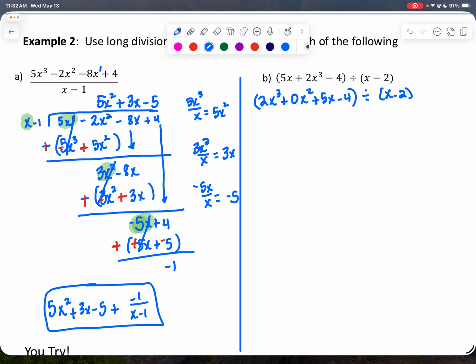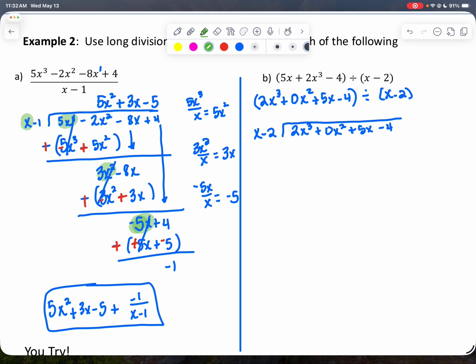So if your polynomial is not in standard form, you need to rewrite it before you start the long division process, and you need to add in any missing terms, all right? So I'm going to take my divisor, x minus 2, and in just a minute I'm going to show you why you need that 0 term. So we have 2x cubed plus 0x squared plus 5x minus 4.